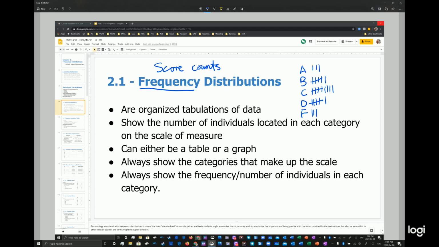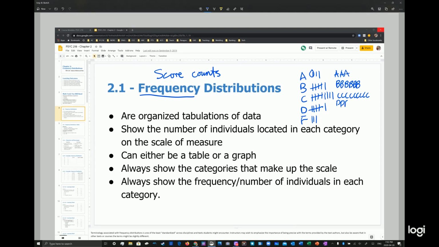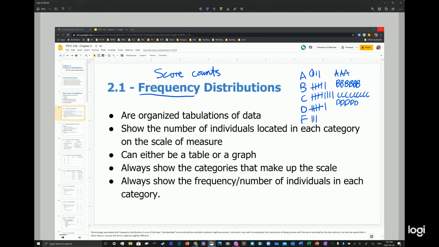You are counting scores. Each one of these is a person that had a particular score. So it would read like this: A, B, B, B, B, B, B, C, C, C, C, C, C, C, C, C, D, D, D, D, D, D, F, F, F.